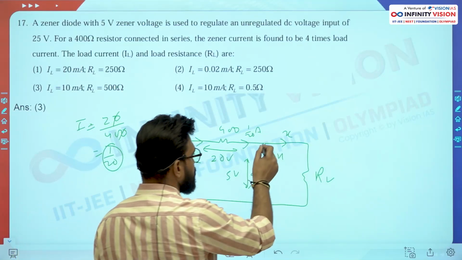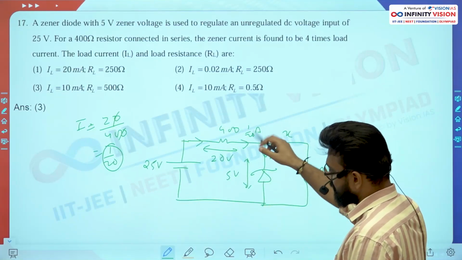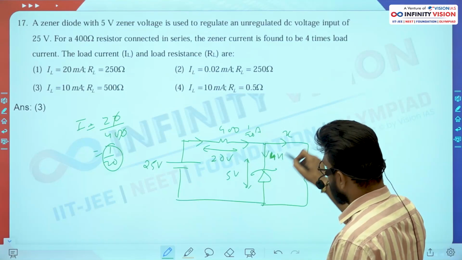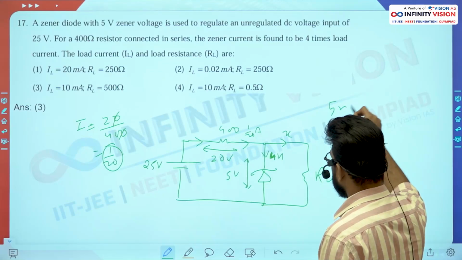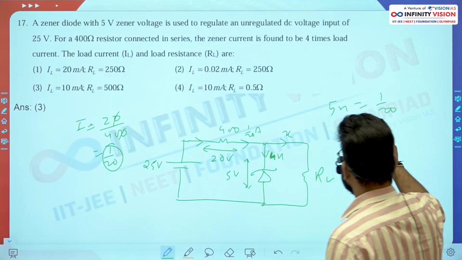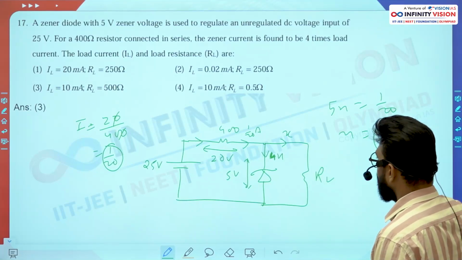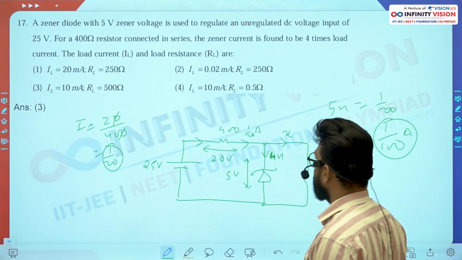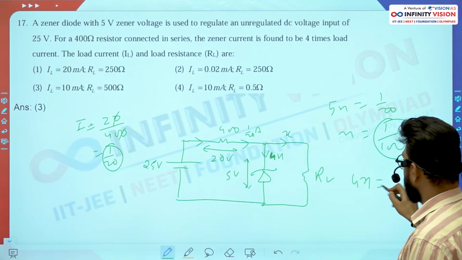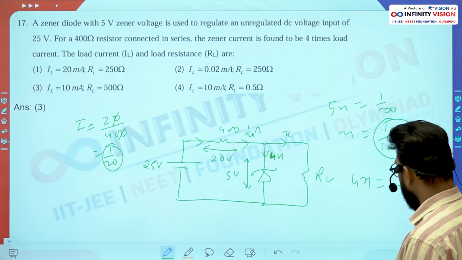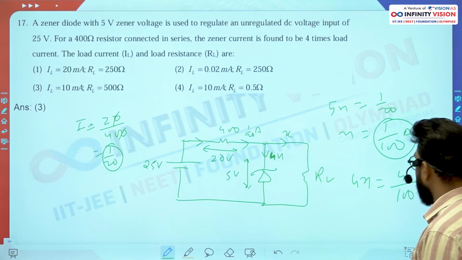At this junction it will divide into two sections. So this is 4x plus x, which is 5x. This must be equal to 1 by 20. So x comes out to be 1 by 100 ampere. Current along the load is 1 by 100 ampere, and the current along the Zener is 4x, 4 into 1 by 100, which comes out to be 1 by 25 ampere.